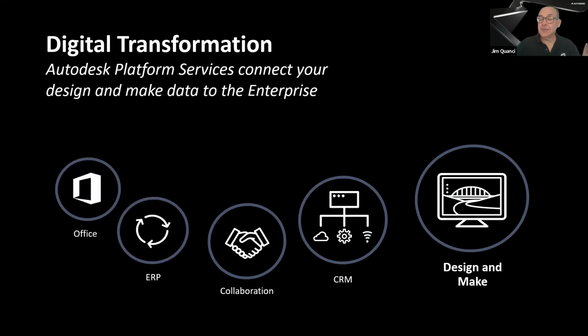So back to, it's about digital transformation. Keep that vision in place. Keep that vision in place for your customers. It's about taking design and make information. And when I say design, I mean design, which may be with Revit or Inventor or Fusion or MicroStation or SolidWorks, and make, which may be about a factory layout, digital twins, machining.